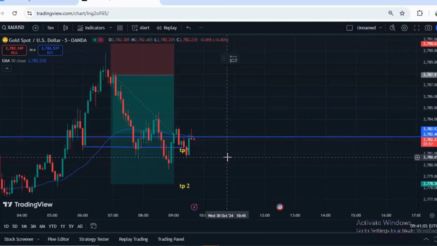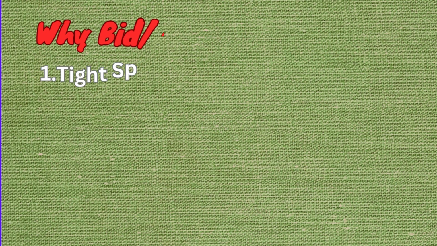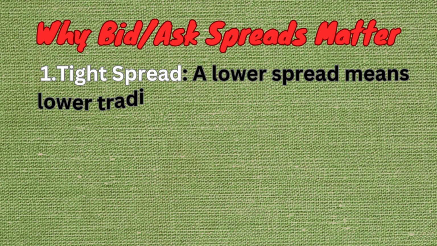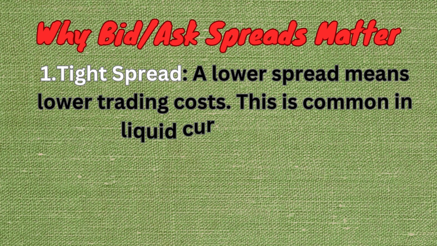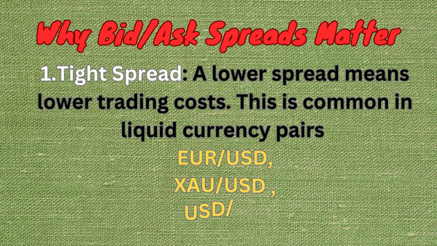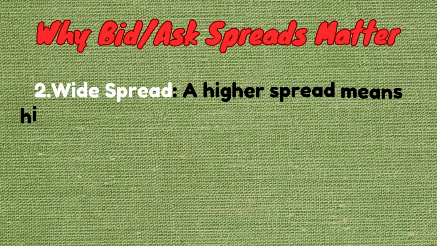Also, when putting the stop loss, you have to calculate a few extra pips, to avoid the market taking you out, because the spread always counts. So why do bid and ask prices matter? The spread is crucial because it directly affects your trading costs. A tight spread, a lower spread, means lower trading cost. This is common in liquid pairs like EUR/USD, gold, USD/JPY, etc. A wide spread, a higher spread, means higher cost.